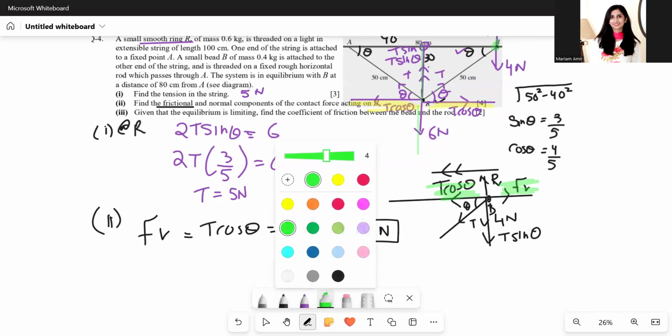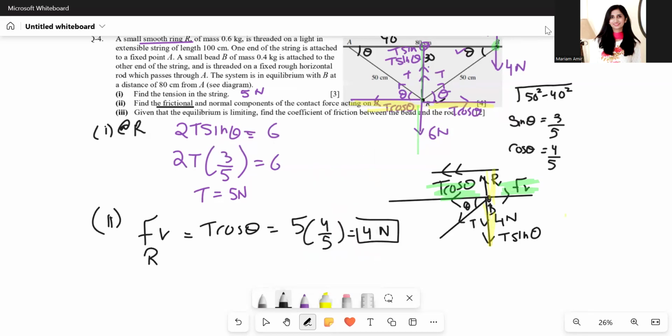For normal contact force, we're going to equate this R with these downward forces. So R is equal to 4 plus T sine theta. So 4 plus T was 5 and sine theta was 3 by 5, which gives us 7 newtons.